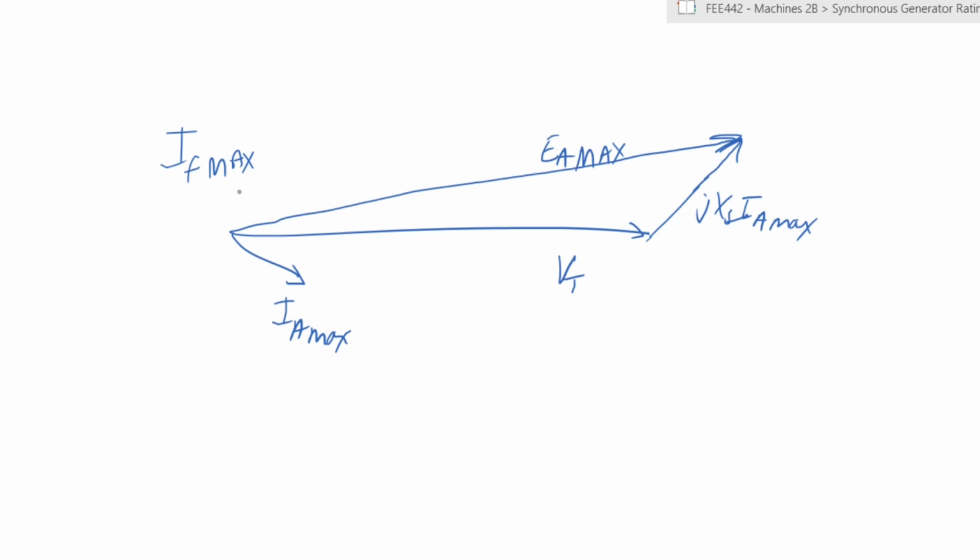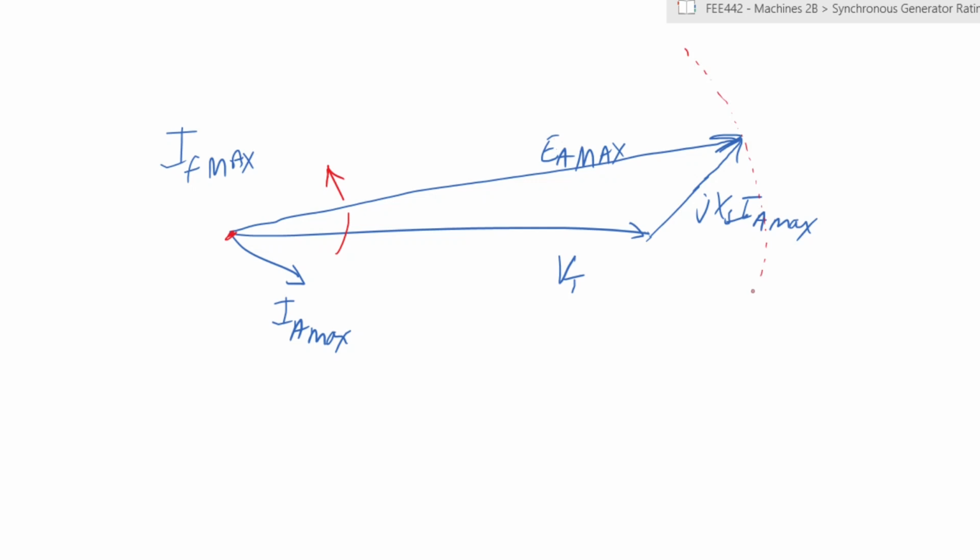The value of EA max would go along a locus centered on here. The only change you could have is the angle of the phasor itself. So that means you'd have your locus looking something like that.